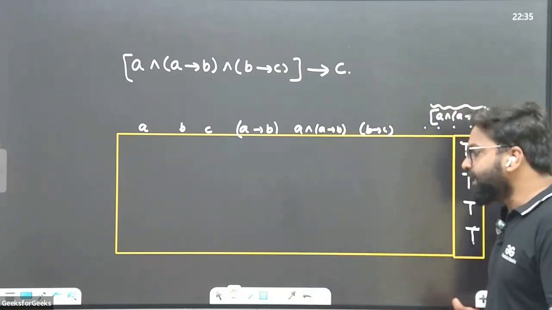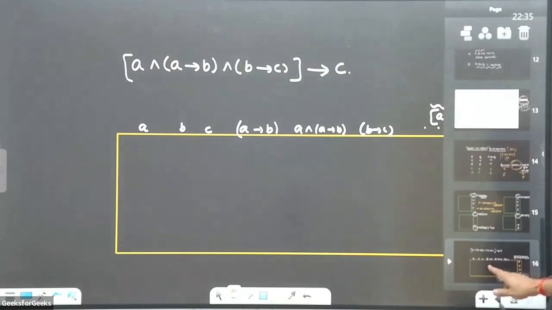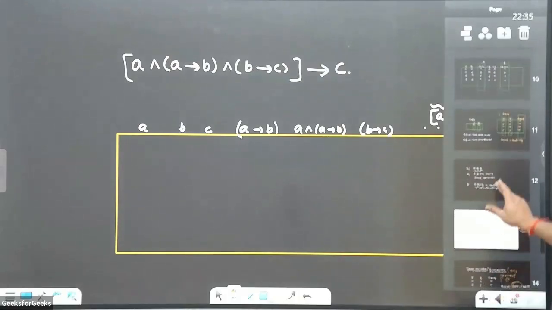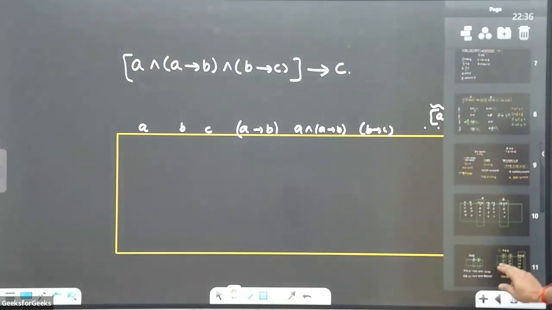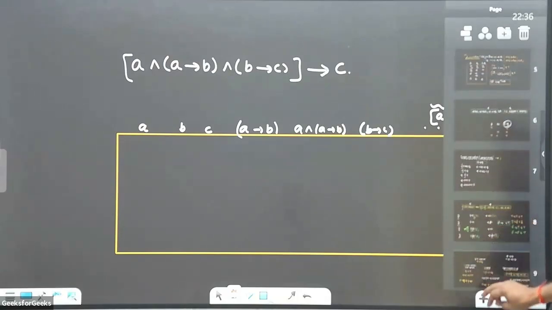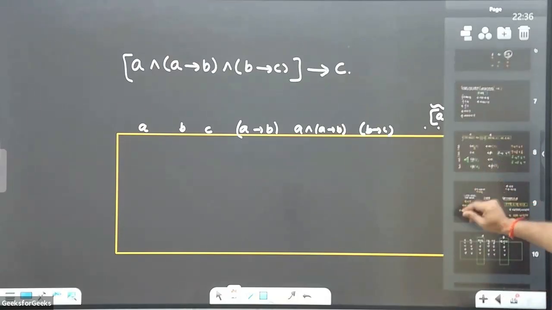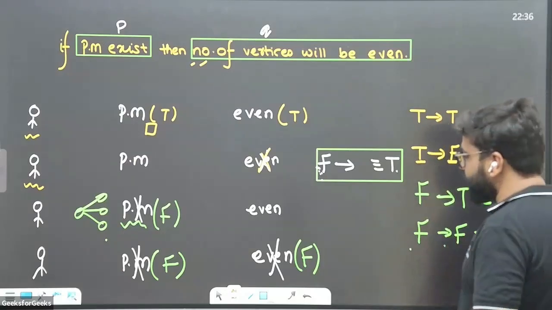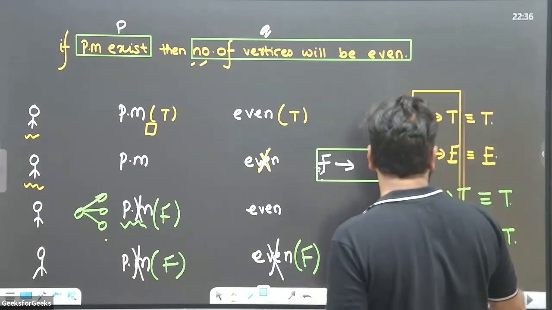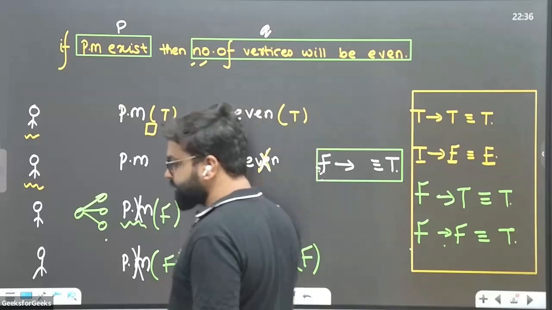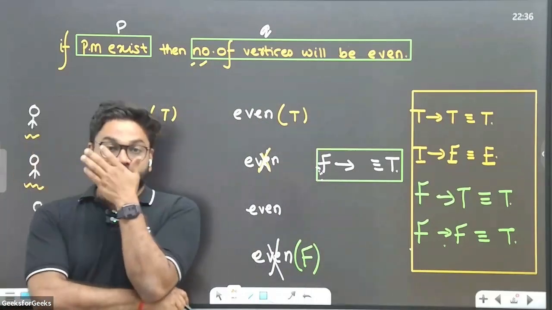To teach you the shortcut, I'll show you the truth table of implication. This is the truth table of implication, and you tell me where it will become false. Where will it become false?